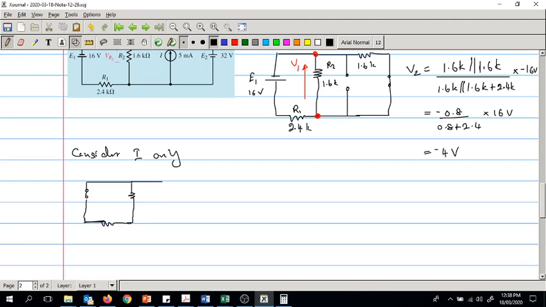There is a resistor here and then a current source here, this is 5 milliamperes, I is equal to 5 milliamperes, and then we will have the resistor here and a short circuit.